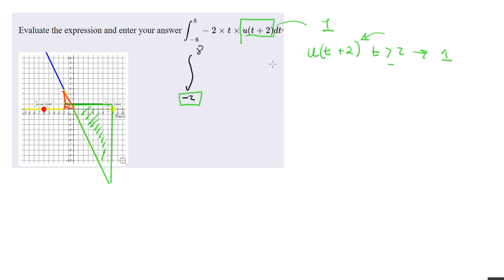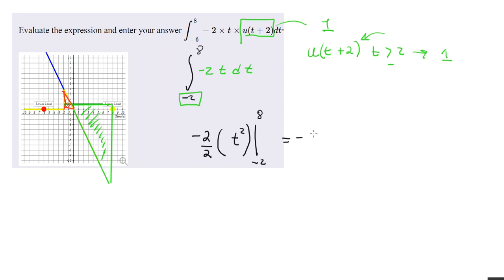So we can just get rid of the step function and replace it here. So that's what we have to evaluate.